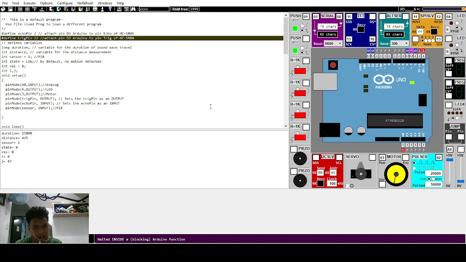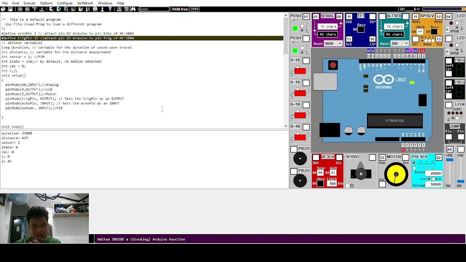The logic for that is that the duration equals pulseIn echo pin HIGH. pulseIn basically detects the pulse that is emitted by the trigger pin and bounced back to the echo pin. So that's the duration, in seconds or milliseconds, I guess.